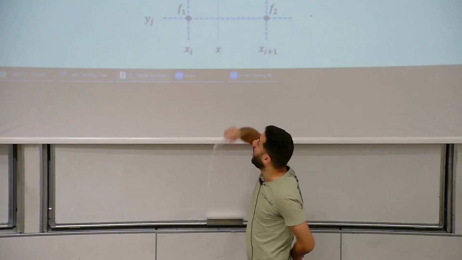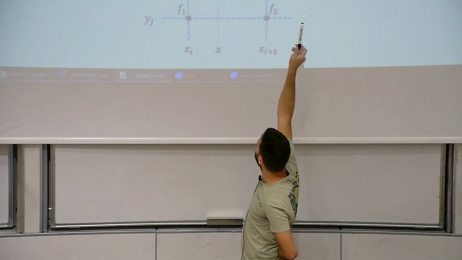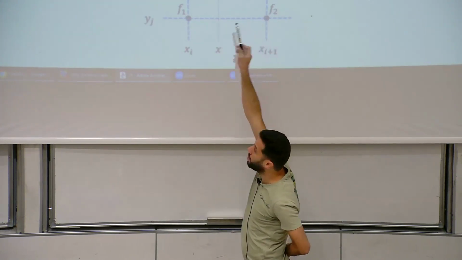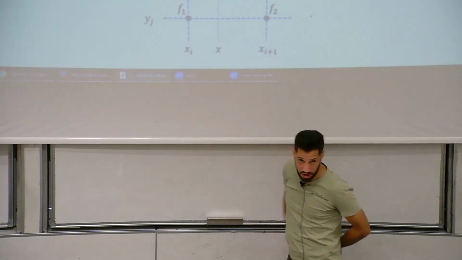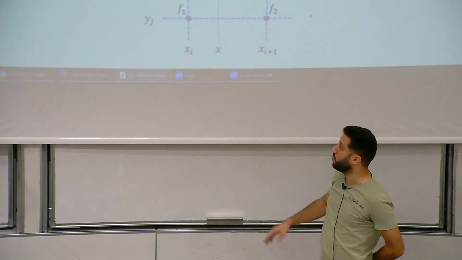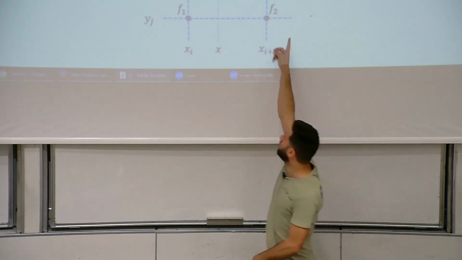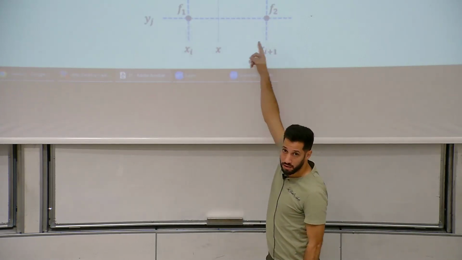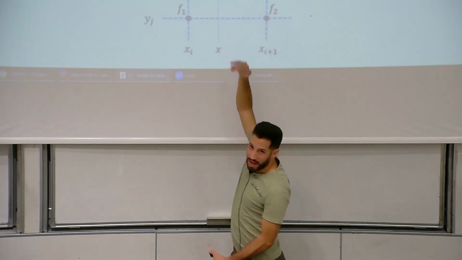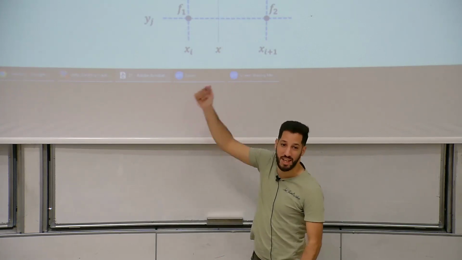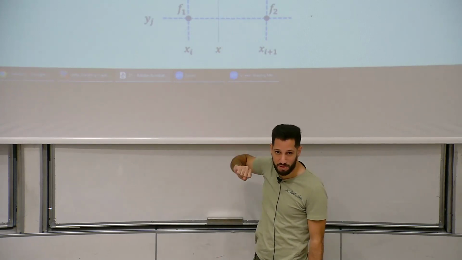Then we ask another question: what's the function f of x for a fixed yj plus 1? That's another linear function. When we finish this, we have some f here, and we have some f there, and we interpolate now this function in the second dimension, which is the dimension of y.